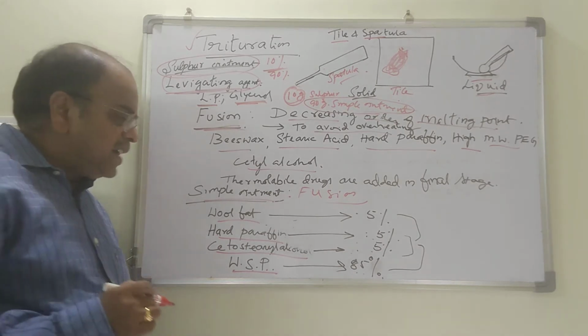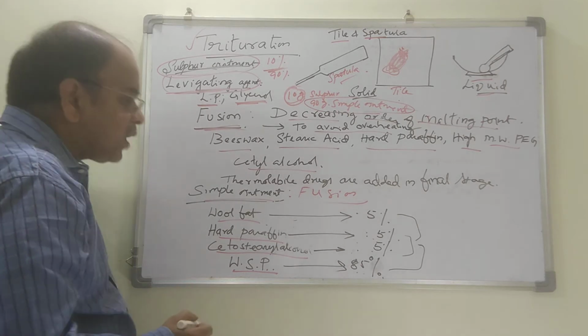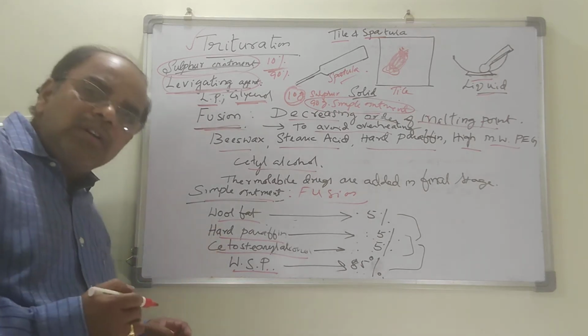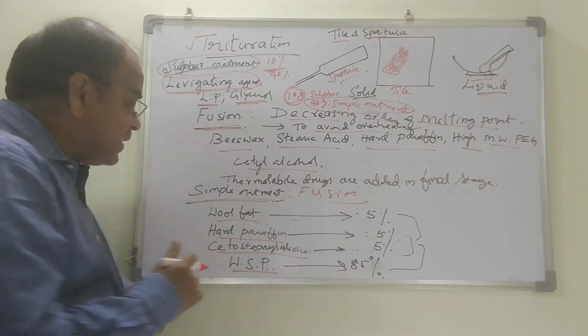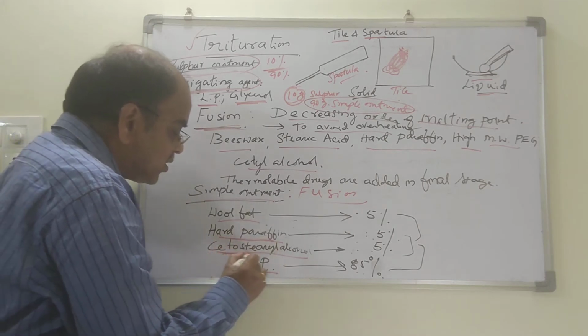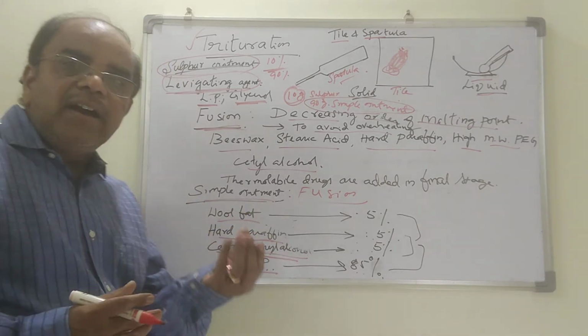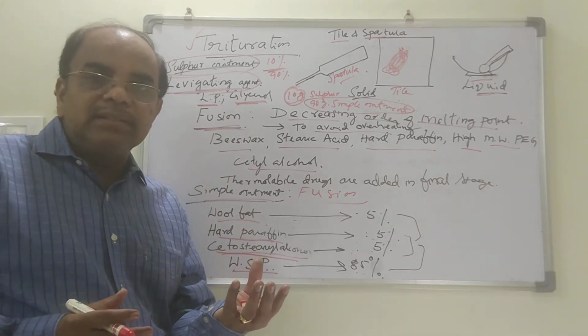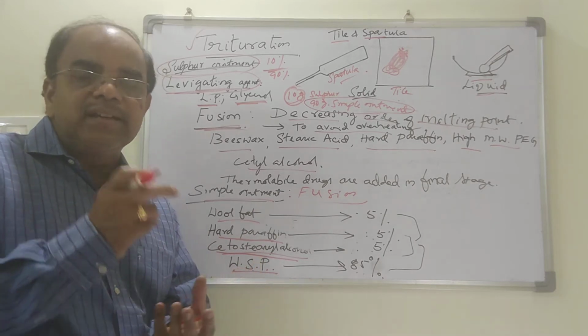Now, out of all these four, which has the high melting point? Hard paraffin, cetostearyl alcohol.